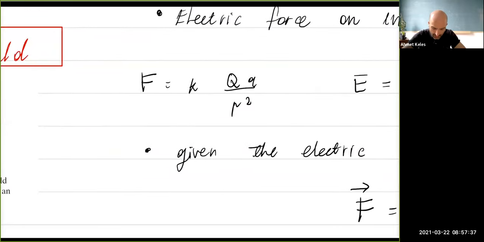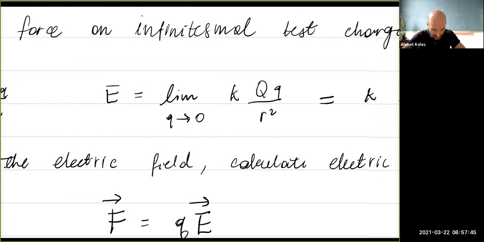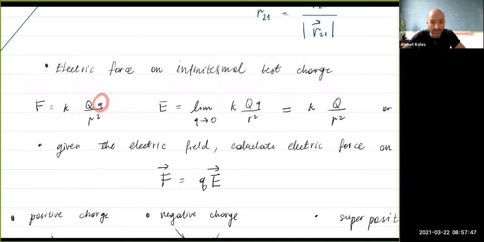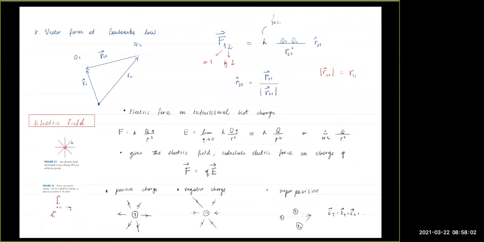We start with Coulomb's law, F is equal to K, big Q, little q divided by R squared, and we take the limit of this test charge going to 0. If you take the limit, you get this, the electric field. Or you can just write it with 1/4 pi epsilon naught.